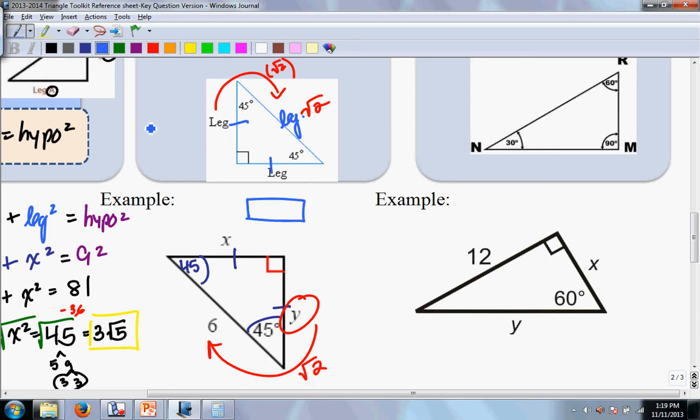Something times root 2 is 6. So we ask ourselves what that something would be. So you start working yourself backwards based on radicals.